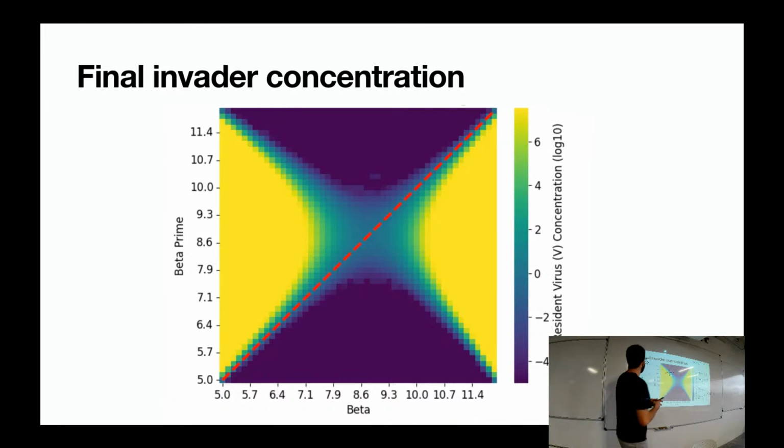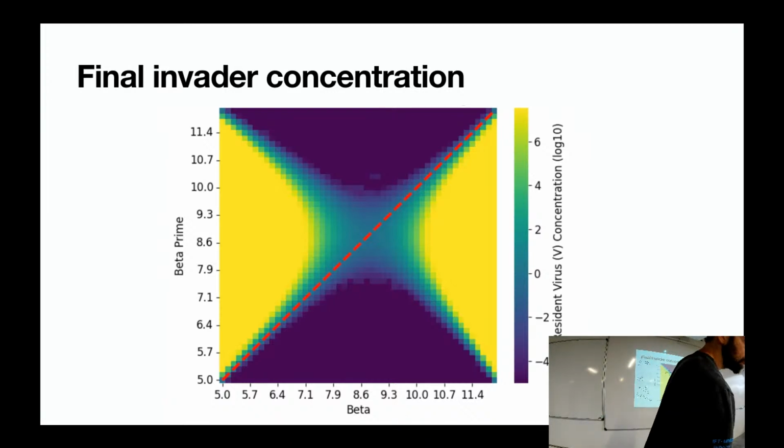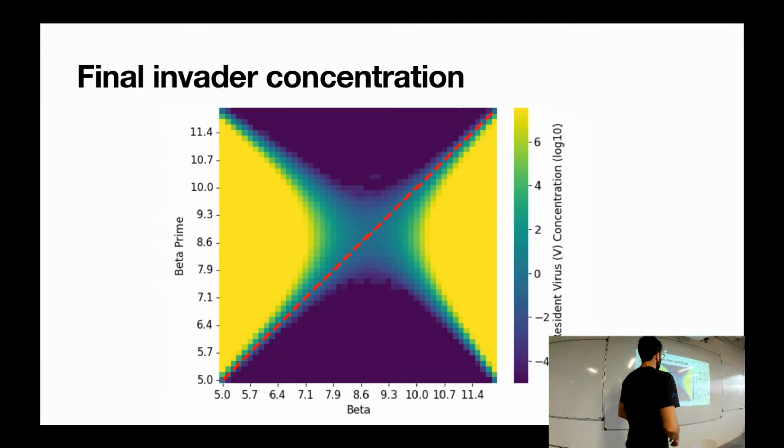And the way we derive this is starting from this fundamental object here, the growth rate of an invader beta prime when the resident is beta. Questions about this?